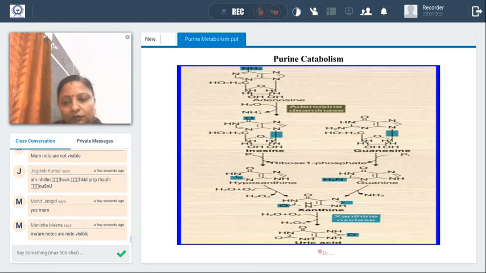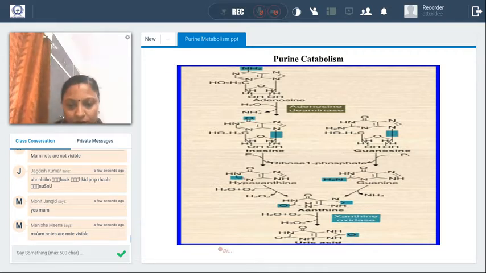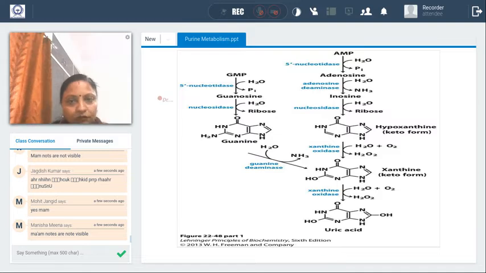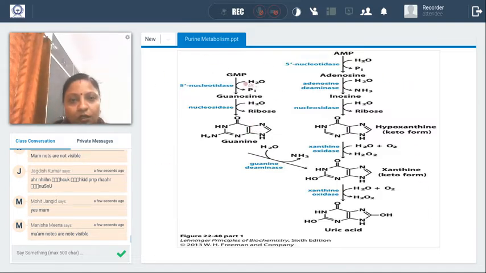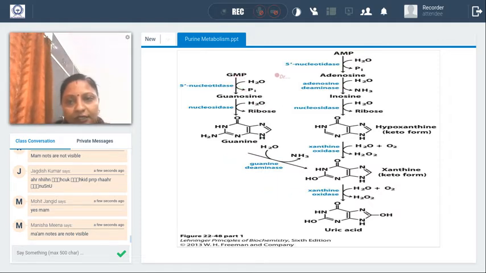Next, this slide shows clearly the whole purine catabolism. There's GMP, guanosine here, guanosine deaminase, likewise adenosine deaminase. You can say this nucleosidase. We can get hypoxanthine.